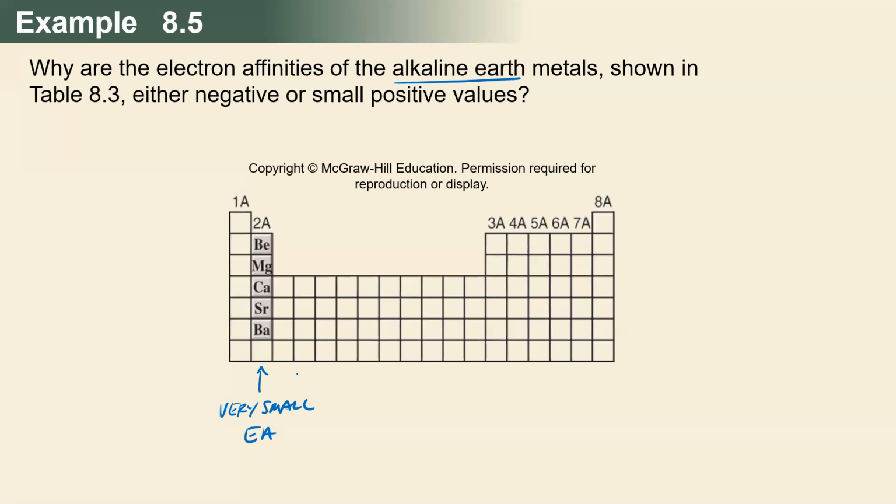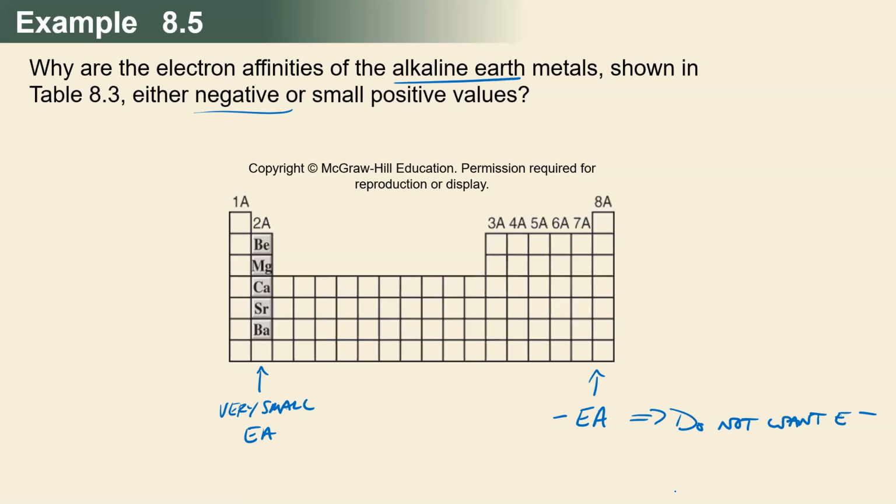Can you guess another column here that's going to have also small or even negative electron affinities? 8, noble gas. Yeah, the noble gases, for sure. These have negative electron affinities, because what that means for us is they do not want electrons.